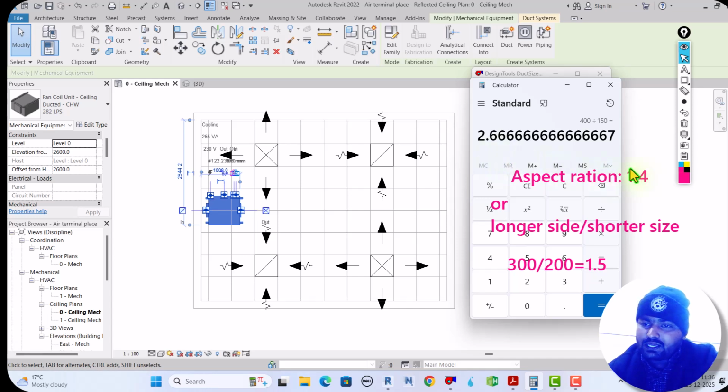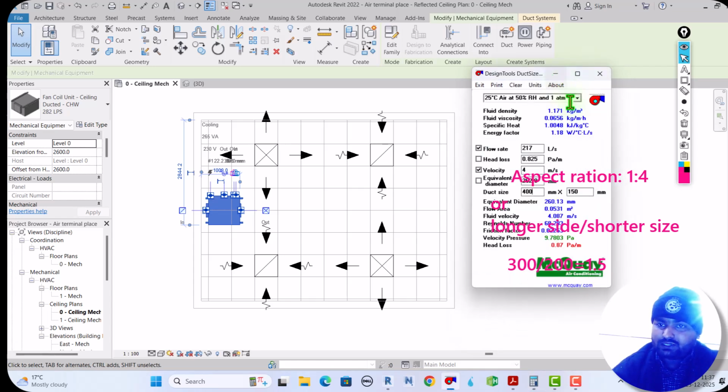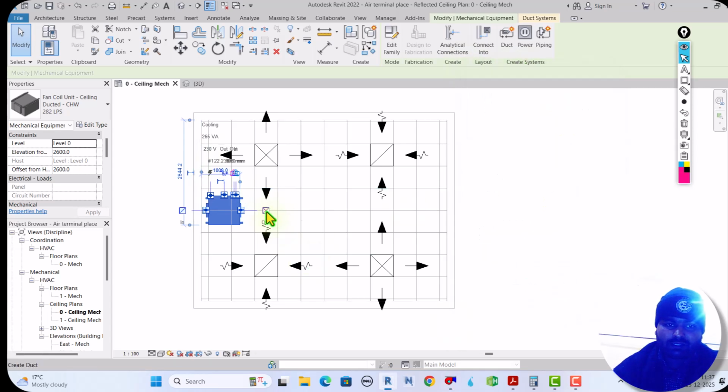So always we have to try to come near to the 1, because if we keep our duct size near to the 1, then the duct material will be less when we fabricate. So which one is near to the 1? 2.6 or 1.5? Of course 1.5. So our duct size will be 300 by 200. It is clear? Okay, here 300 by 200.